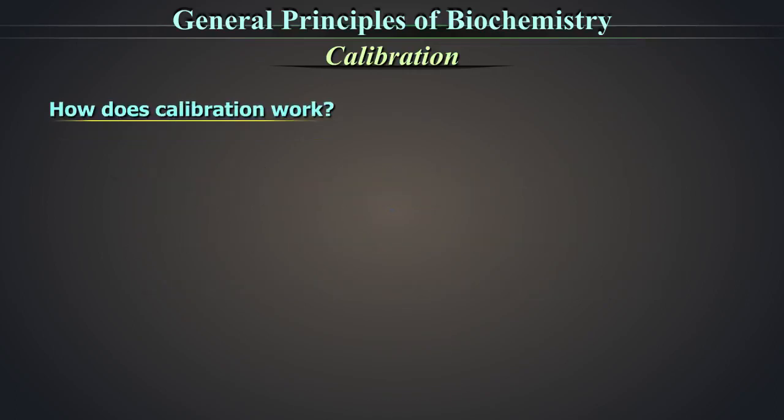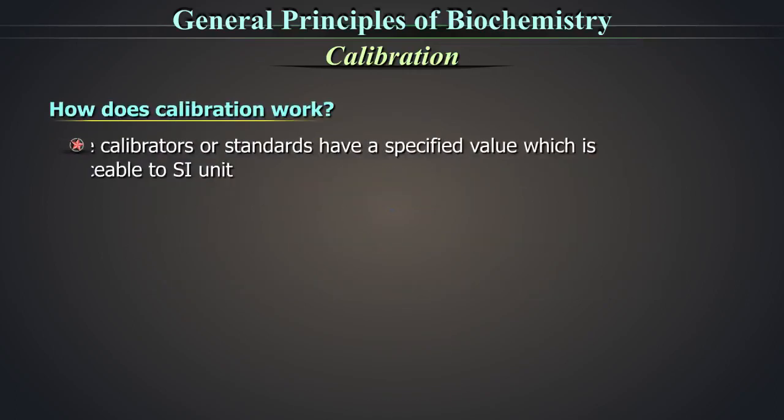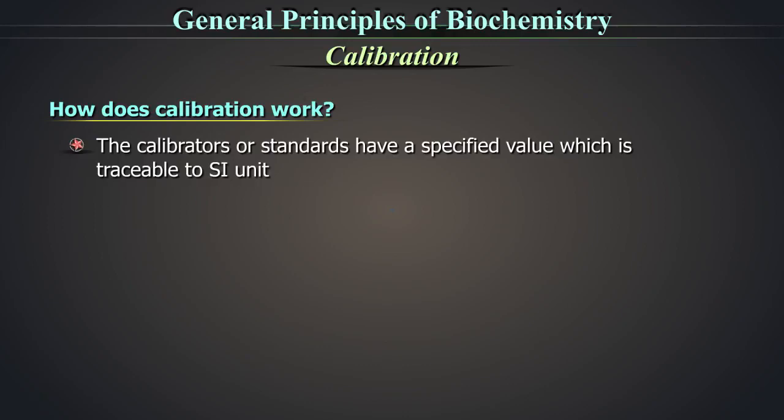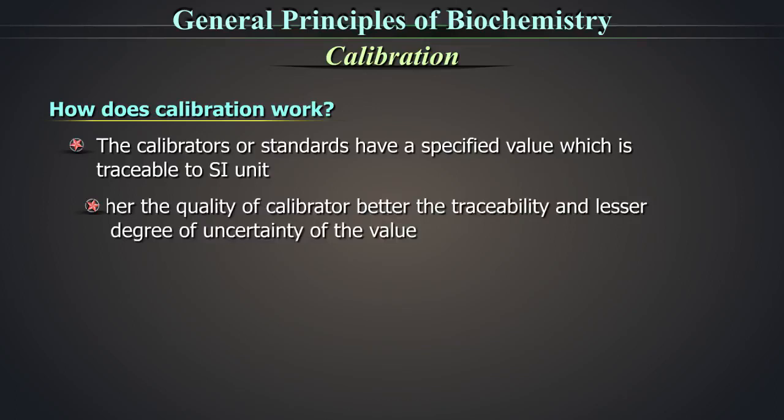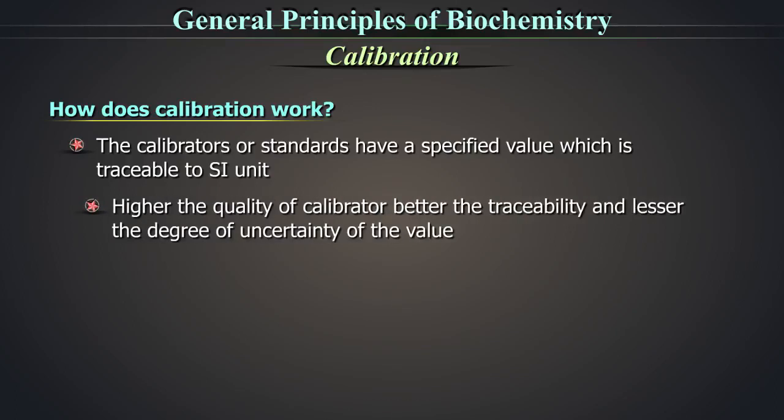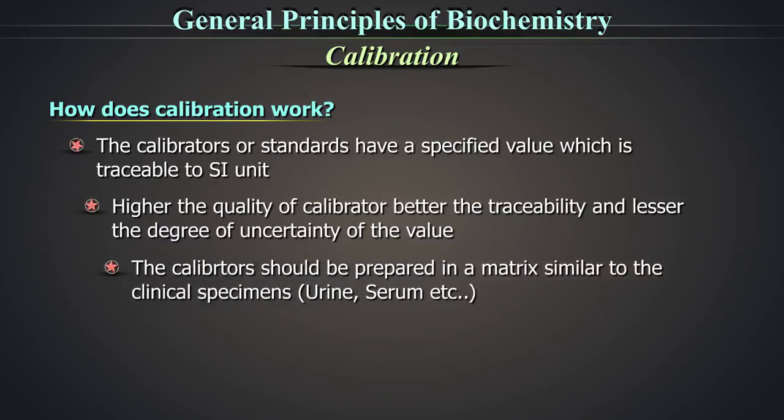How does calibration work? The calibrators or standards have a specified value which is traceable to the SI unit. The higher the quality of the calibrator, the better the traceability and the lesser the degree of uncertainty of the value. Calibrators should be prepared in a matrix similar to the clinical specimen, such as urine or serum.